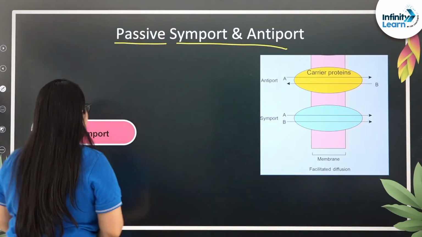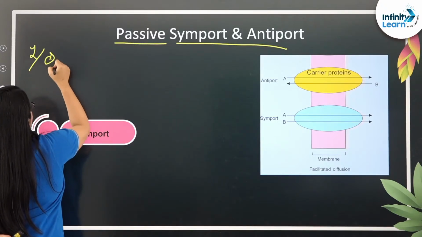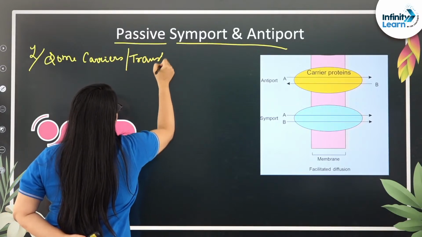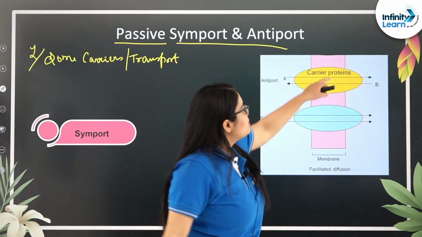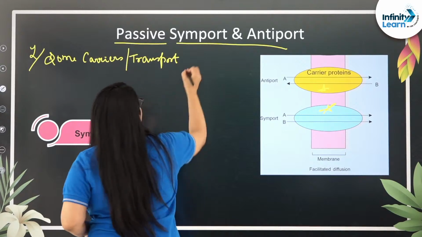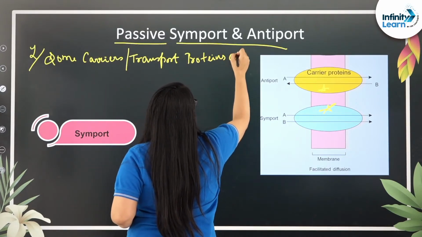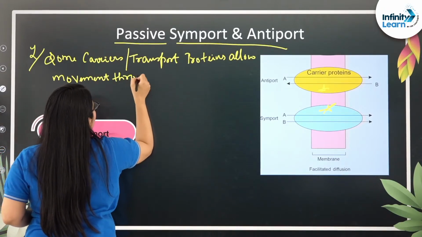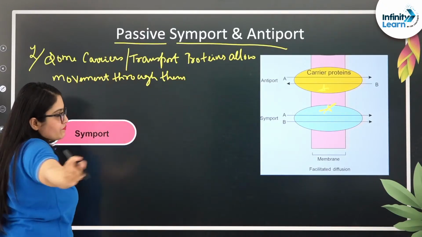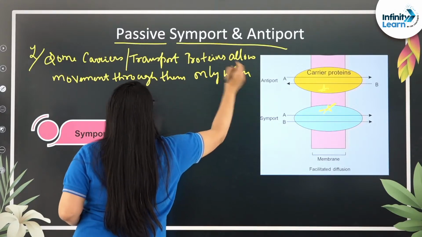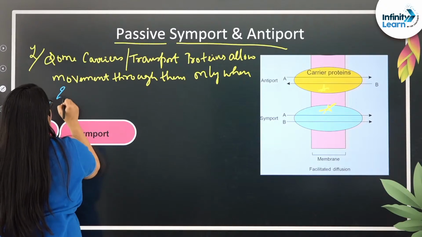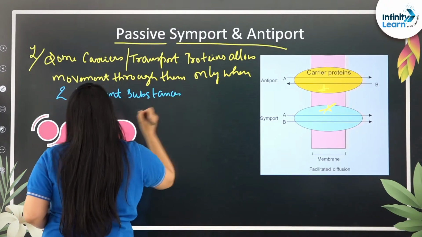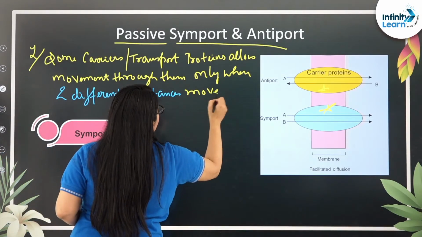Although passive symport and antiport are a type of facilitated diffusion only, there is one special condition, listen very carefully. Some carriers or transport proteins allow movement through them only when two different substances move together.